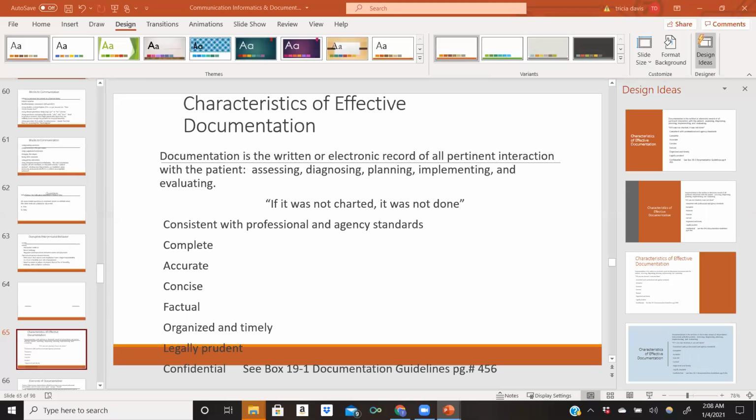So if Mrs. Jones, if you put her bed alarm on and you put high fall risk socks on her and she had a fall, but you never documented that you implemented those interventions, guess what? It wasn't done. Even if you said it was done, even if you know you did it, it still wasn't done. If it's not charted or documented, it's not done.